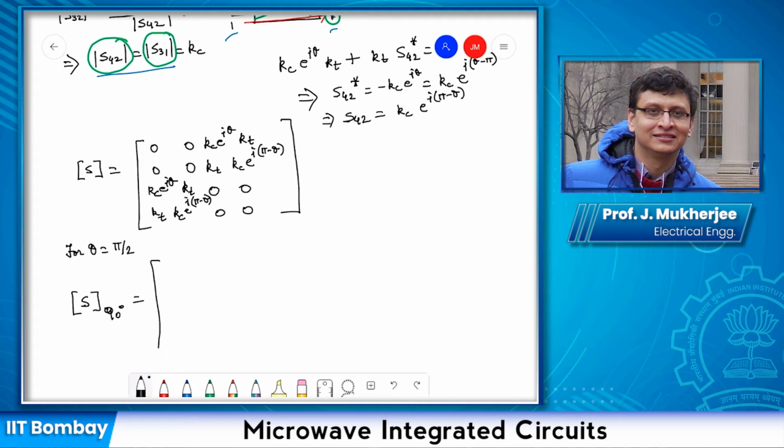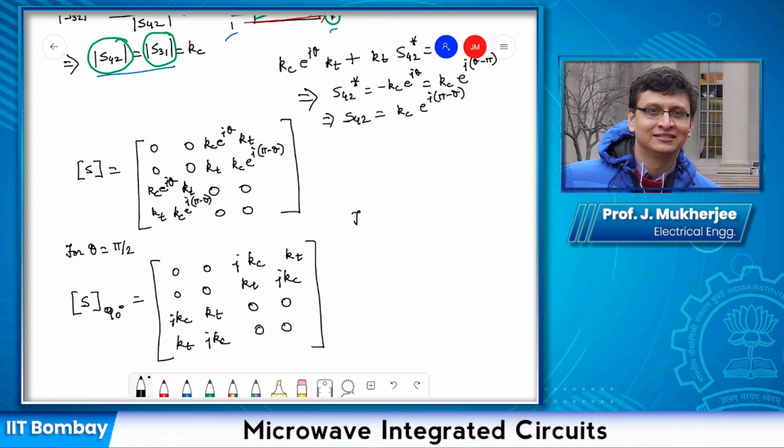And the S parameter matrix for that is this.